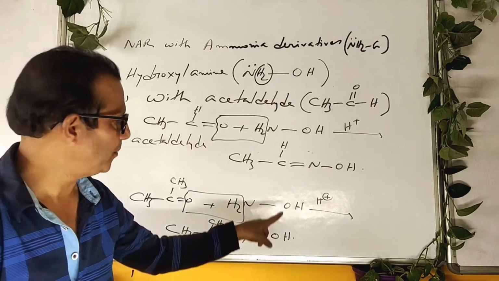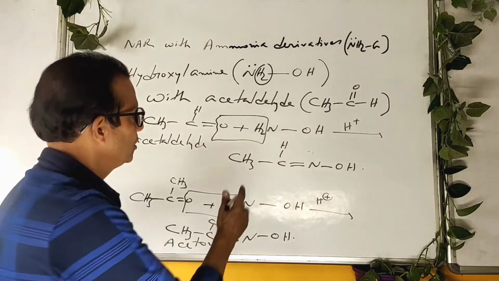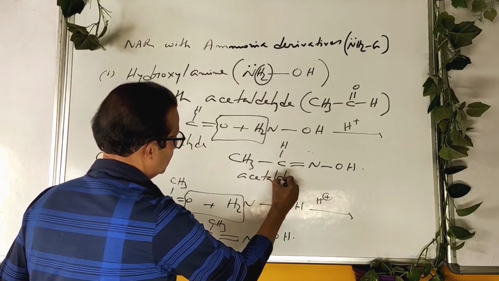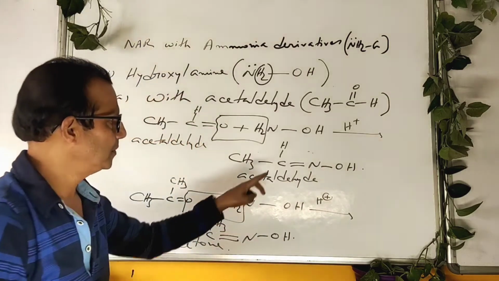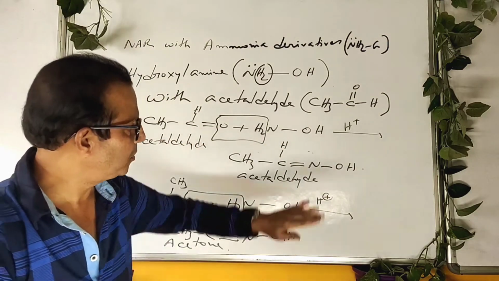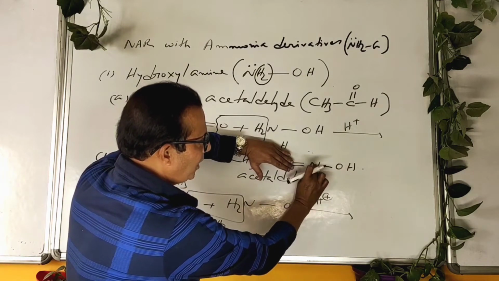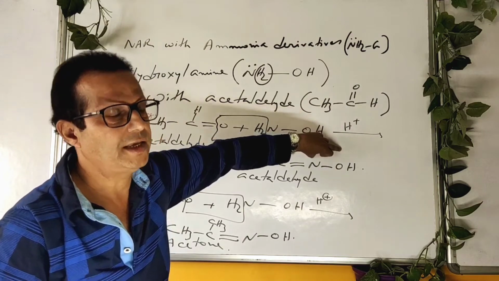How to write the name of the product? It's the addition product. So write down this is functional group, NOH, double bond NOH. This functional group is called oxime, OXIME.